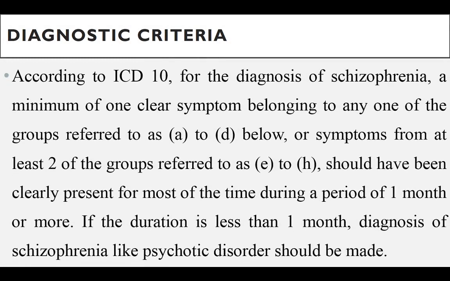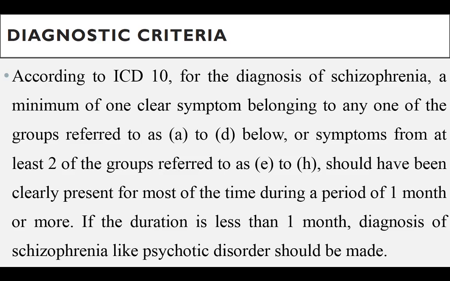Now, what are the diagnostic criteria then? According to ICD-10, for the diagnosis of schizophrenia, a minimum of one clear symptom belonging to any one of the groups referred to as A to D, or symptoms from at least two of the groups referred to as E to H, should have been clearly present for most of the time during a period of 1 month or more.